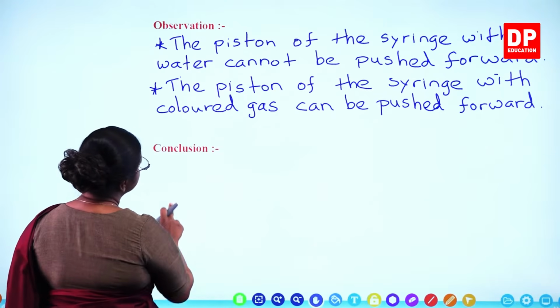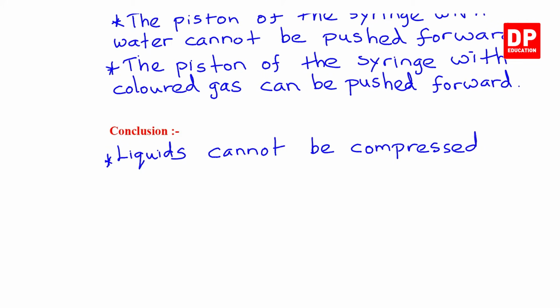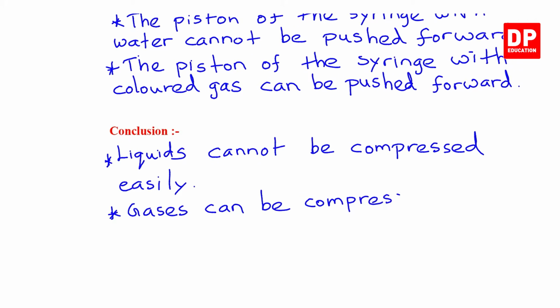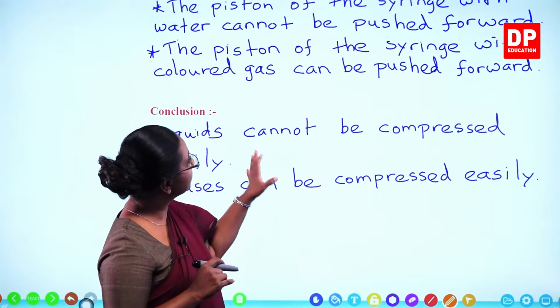So here from this we can conclude and say liquids cannot be compressed easily. Gases can be compressed easily. So that is the conclusion that we can get from this activity.